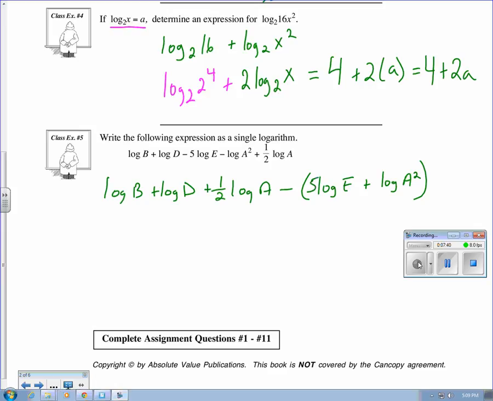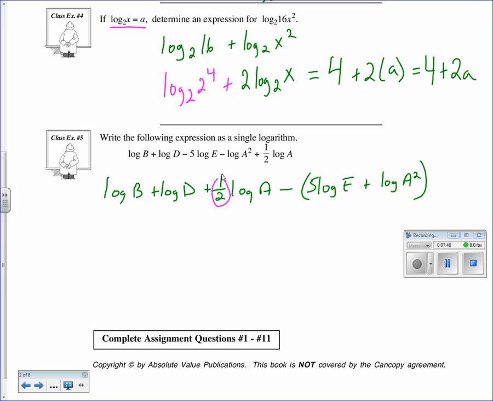And then I'm going to have some of the power rule to apply to make my life a little easier. Just trying to make sure I got all the parts. I missed that 5 there. And as I move to my next step, I'm going to take this half and move it to the power position. So all of those will get to be multiplied together. So that's the log of BD, a to the 1/2. And then there's a divide statement. The 5 moves in on the e.